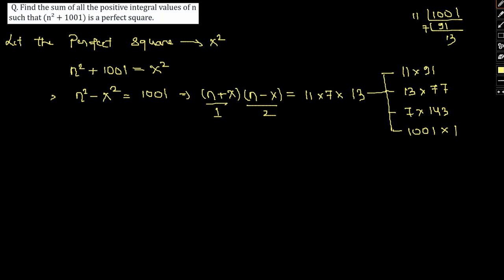So now let us take each and every number as a whole, one by one. Suppose I am assuming n plus x is equal to 11 and n minus, no, n plus x should be greater, right?